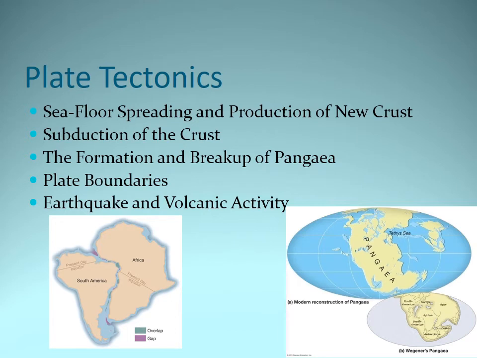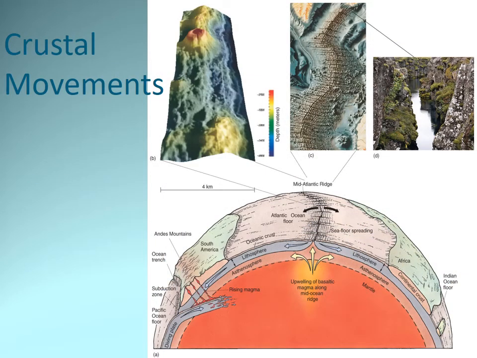That's where we find most of our earthquake and volcanic activity. So once again, we're going to talk about plate tectonics, but we're going to divide it up into two pieces. This part right here is the overview process of seafloor spreading.